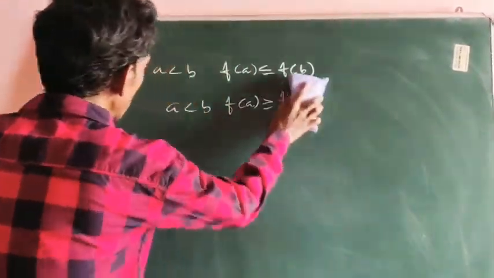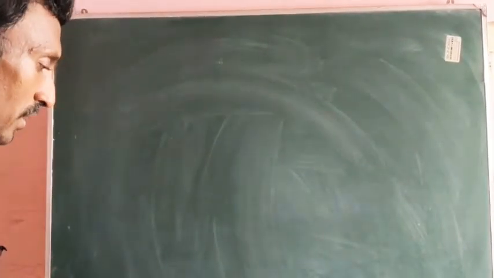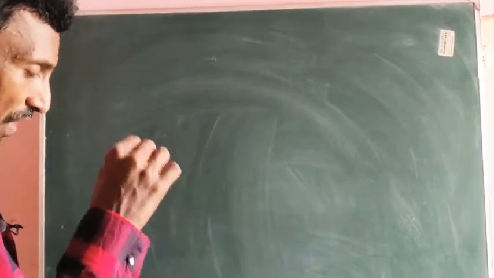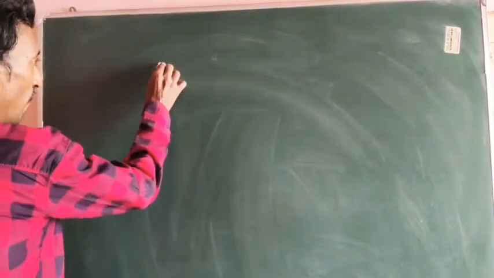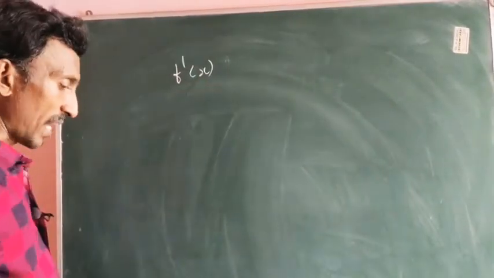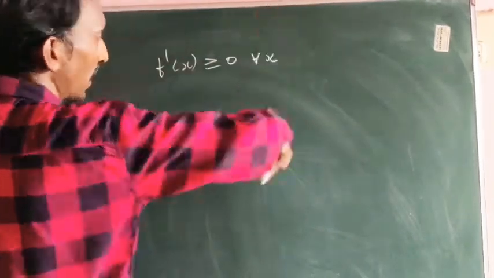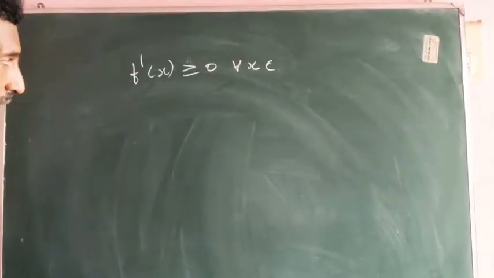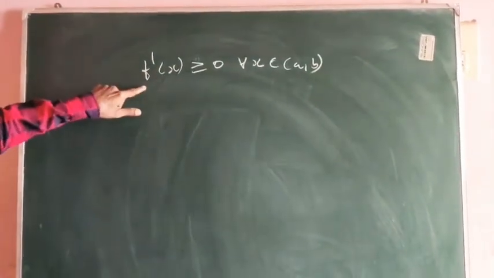So using the first derivative test, how can we say increasing or decreasing? For f of x a function differentiable on the open interval a comma b, if the first derivative f dash of x is greater than or equal to 0 for all x belonging to the given interval, then f is said to be a monotonic increasing function.